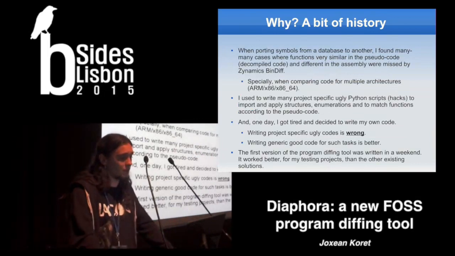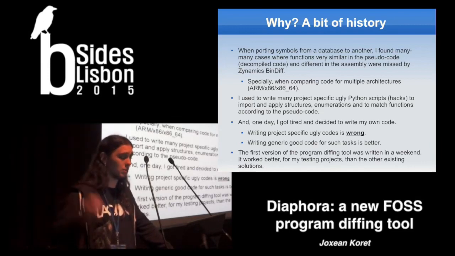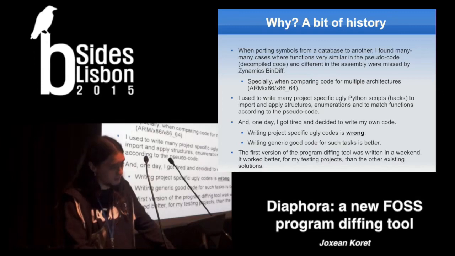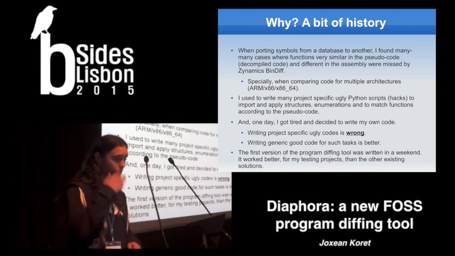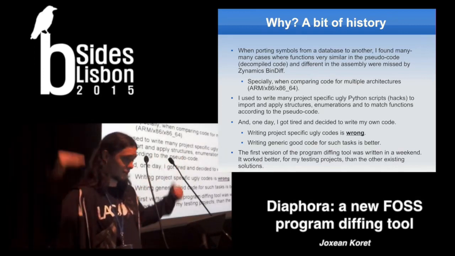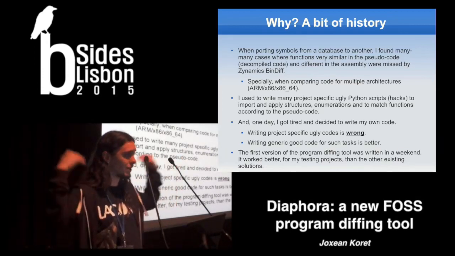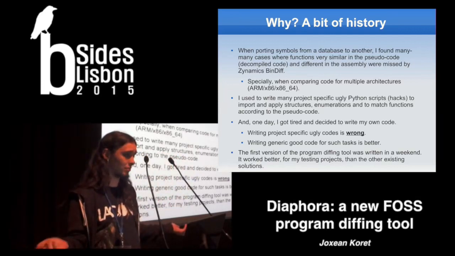So, when porting symbols from one database to another, I also found many cases where functions very similar in the pseudocode, in the decompiled code, and very different in the assembly were missed by BinDiff. If you press F5 or whatever, and you see that different functions at assembly level actually translate to the same C code, you know that it's the same function.